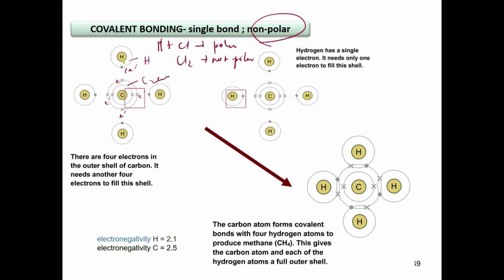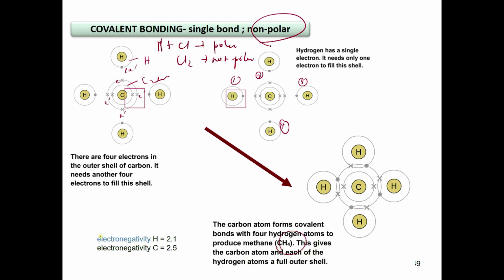So hydrogen only needs another 1 to reach octet, meanwhile carbon needs 4. So in order to form methane, carbon needs to share electrons with 4 hydrogen atoms in order to become stable. So it forms covalent bonds with 4 hydrogen atoms to produce methane.